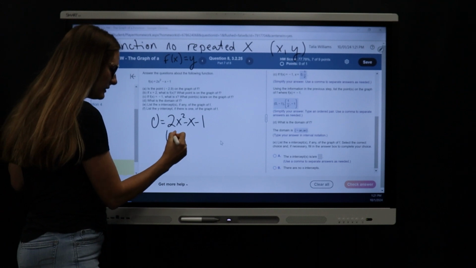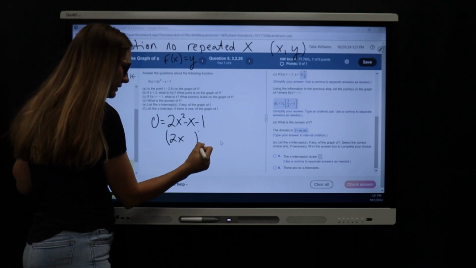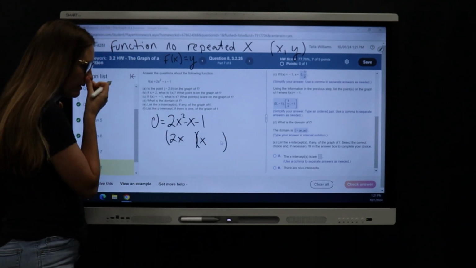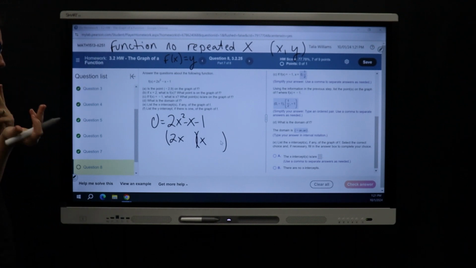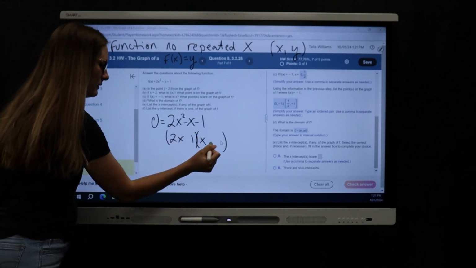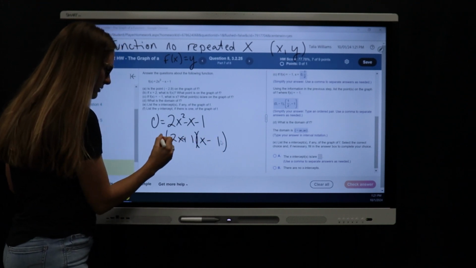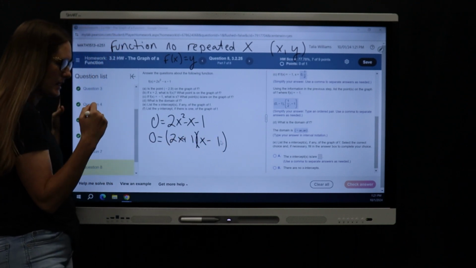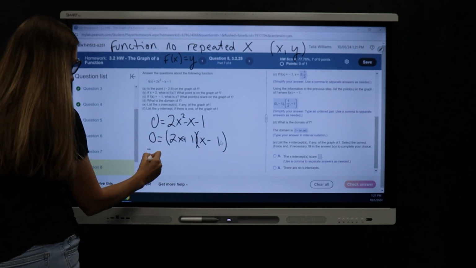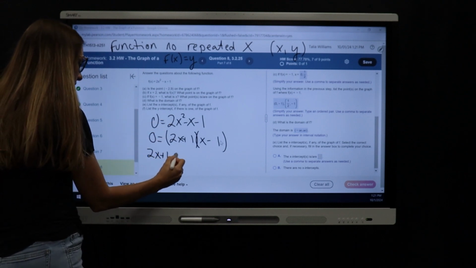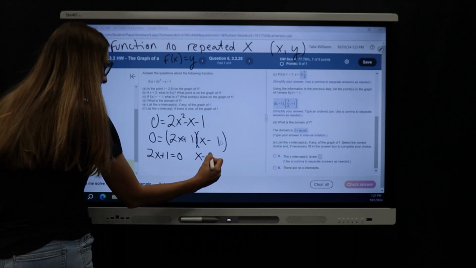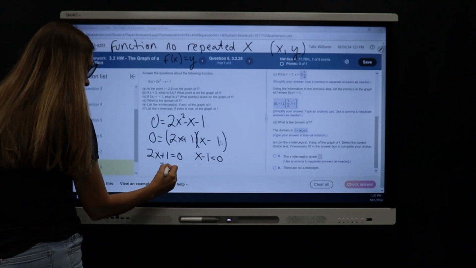So when I factor this, I'm going to split it as 2x and x. Then I have my numbers 1 and 1, so they're both 1. I need a -1, so I'm going to put a negative here and a positive here, set it equal to 0. And then I solve both of these, so I have 2x plus 1 equals 0, and x minus 1 equals 0.